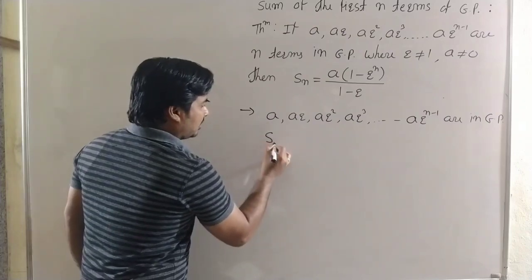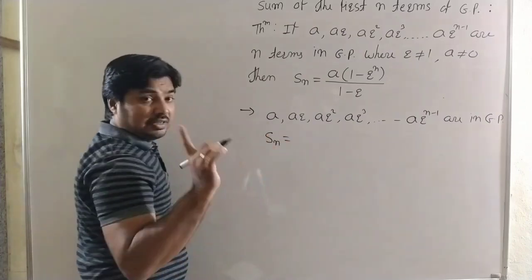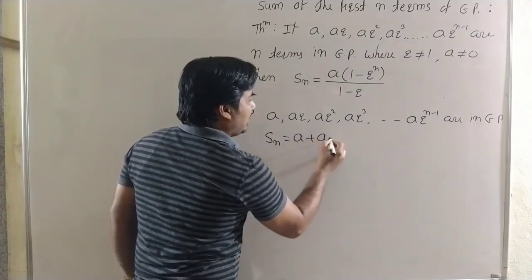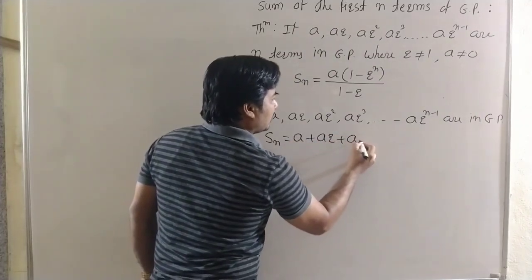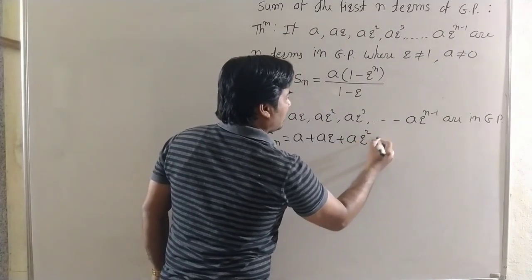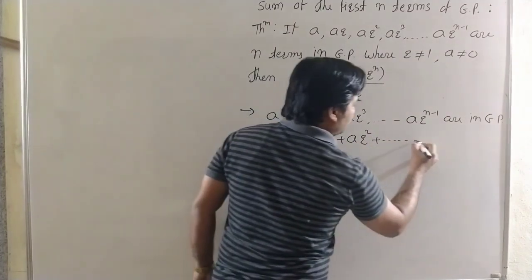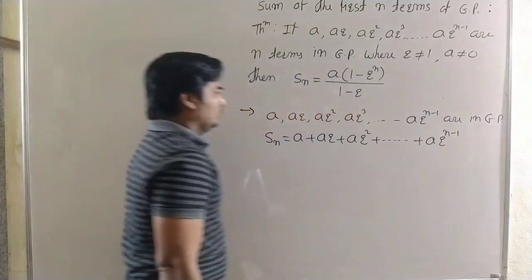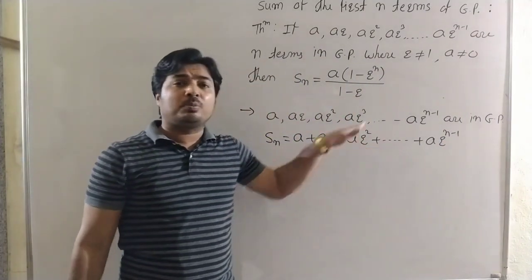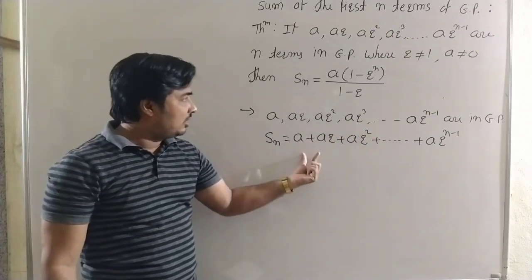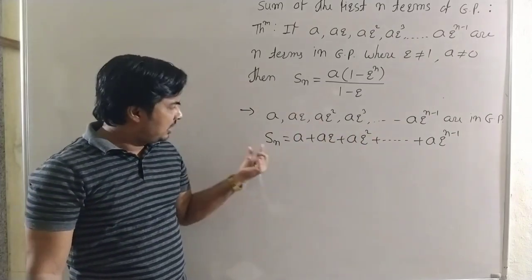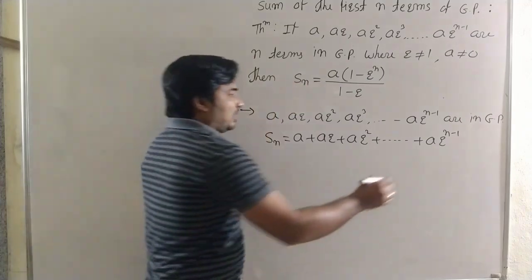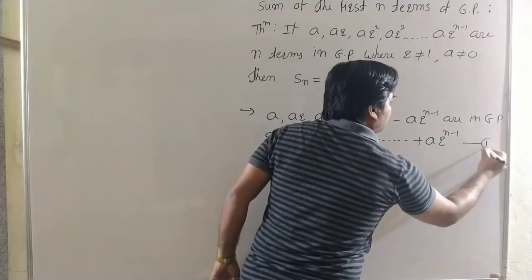Here we can write Sn equals a plus ar plus ar square plus and so on up to a into r to the power n minus 1. This is the sum of the first n terms, and we want to find the formula for Sn. This is equation number 1.